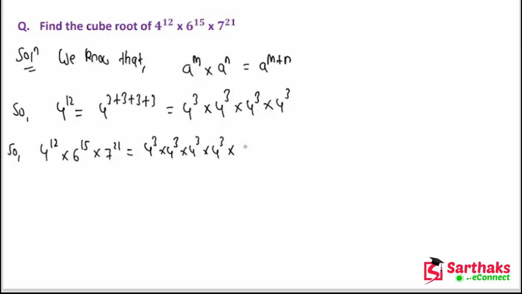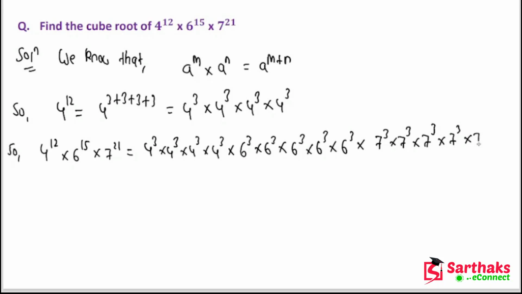Similarly, 6 to the power 15 can be written as 6 cubed into 6 cubed, 6 cubed, 6 cubed into 6 cubed. You can add them since the bases are same. These 5 times 3 will be added to 15. Similarly, it can be written as 7 cubed into 7 cubed into 7 cubed into 7 cubed into 7 cubed and like this, right?